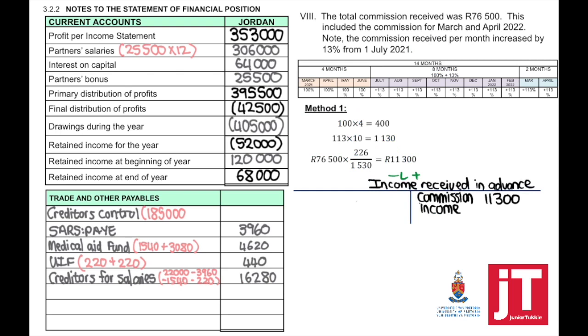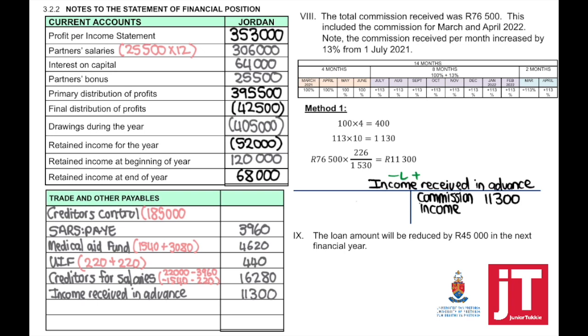The commission, which was received in advance, make sure that you take your answer which you've calculated in the previous question and you transfer that same amount to income received in advance, which forms part of your trade and other payables. The loan amount will be reduced by 45,000 in the next financial year.